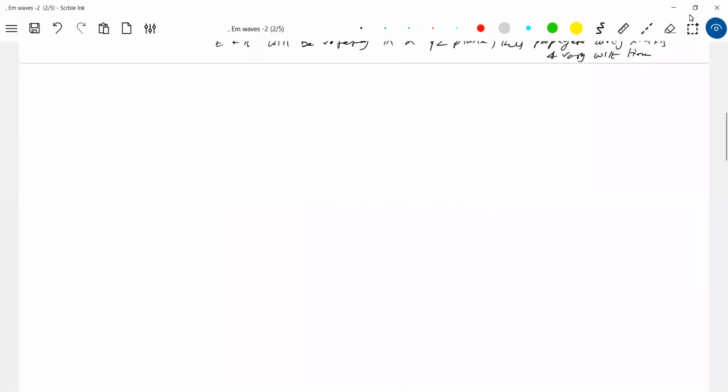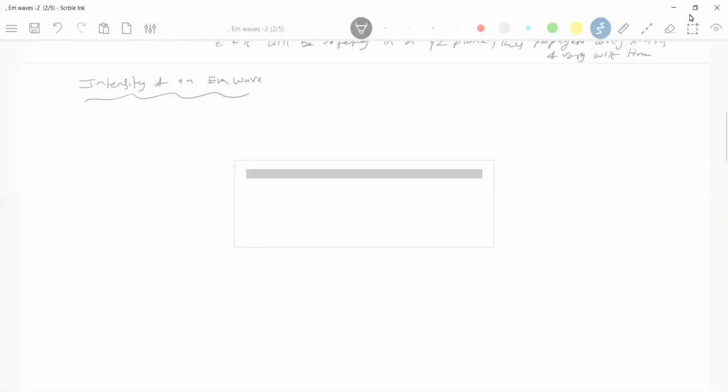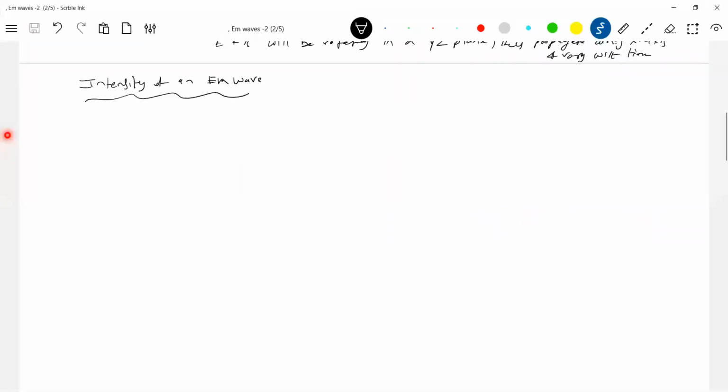We know the energy density formula, no? So I'm deriving an expression for the intensity of an EM wave. What is this EM wave made up of? Varying electric and magnetic fields.